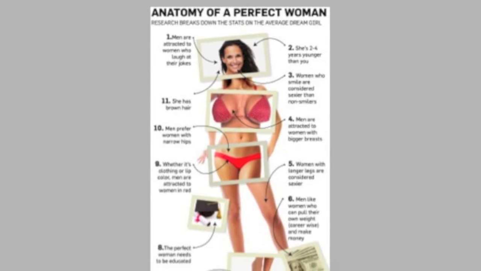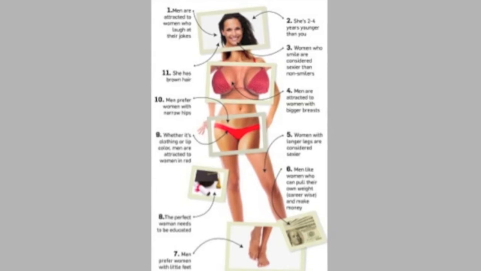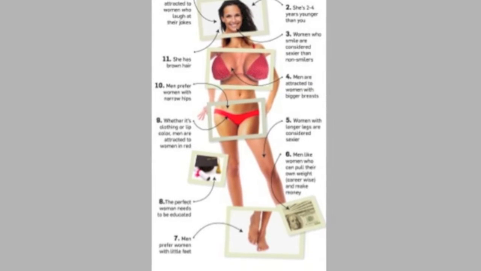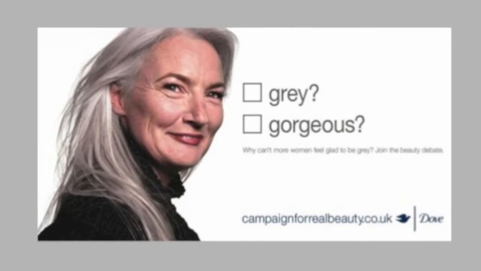This is more obscene, I think, than seen, although this is what was put together, Traits of the Perfect Woman. Pretty scary. Anybody out there look like this? I know I don't. I think Unilever had it right when they designed the Real Beauty campaign, meant to redefine beauty.